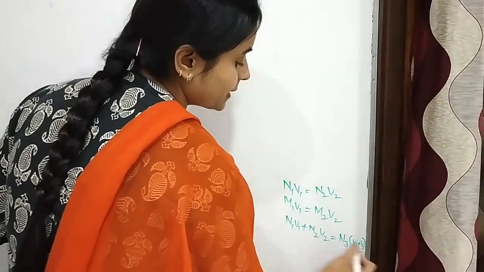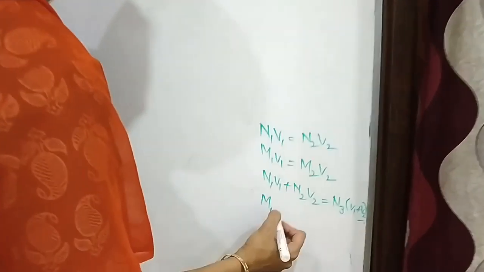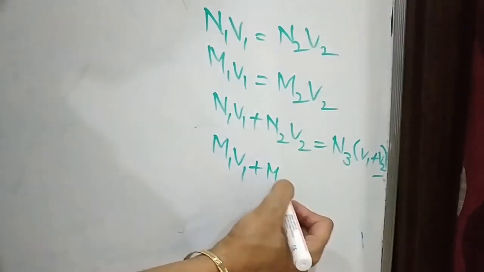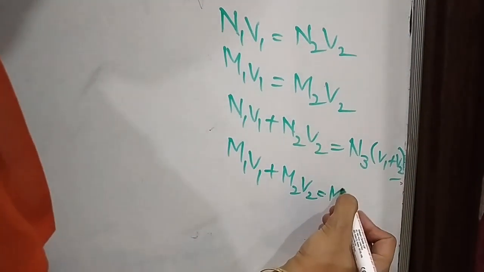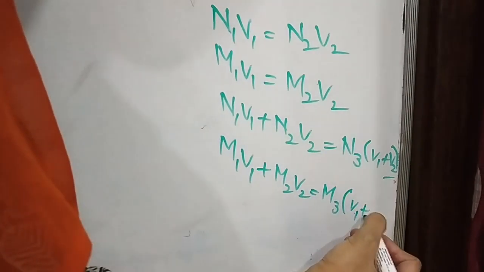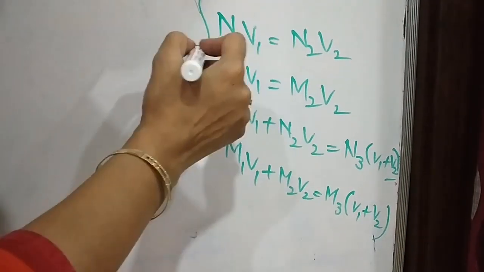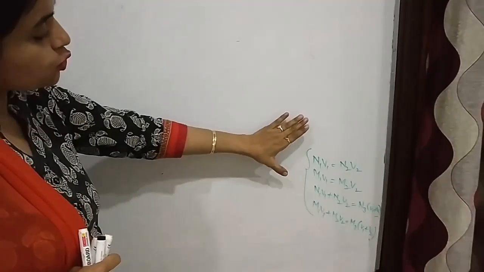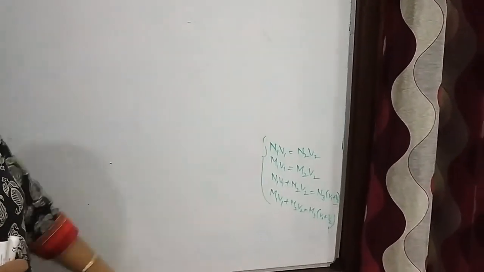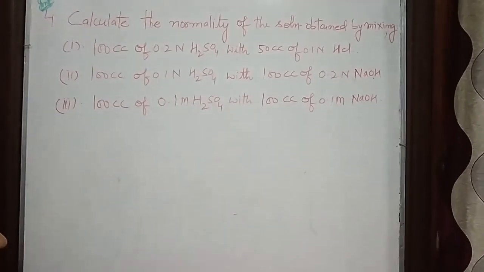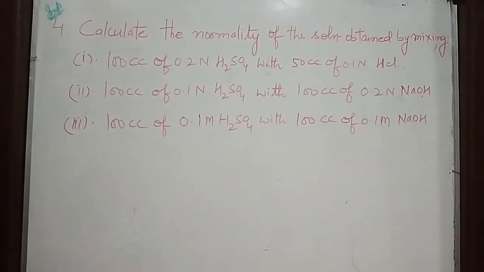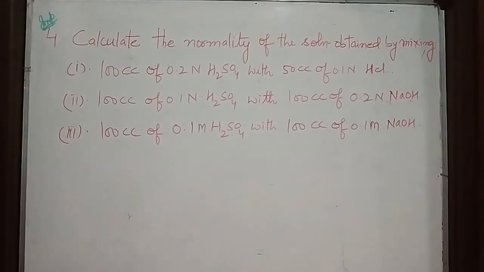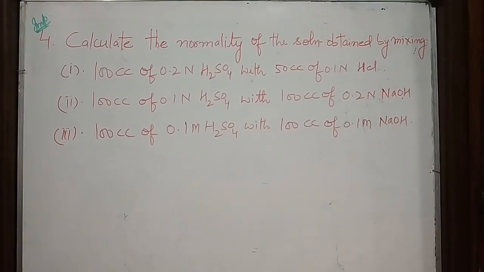Similarly, for molarity, M1 V1 plus M2 V2 is equal to M3 (V1 plus V2). I use this numerical in which all these formulas have been used. We can apply these formulas here. And this is very important in the entrance exam. Mostly this type of question has been asked.